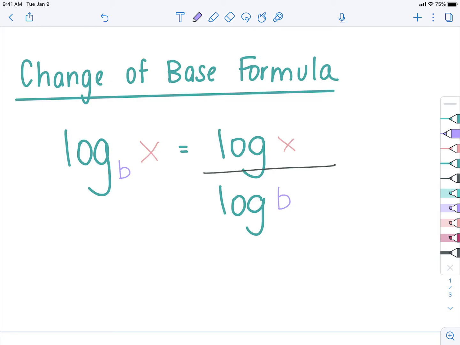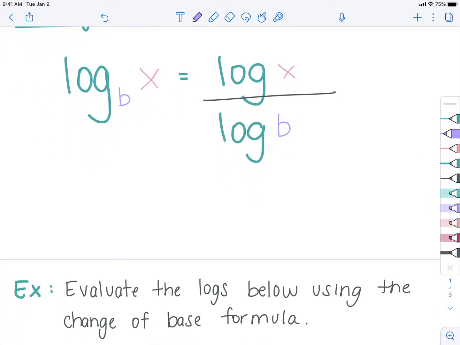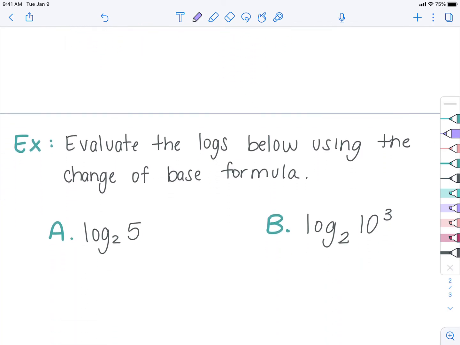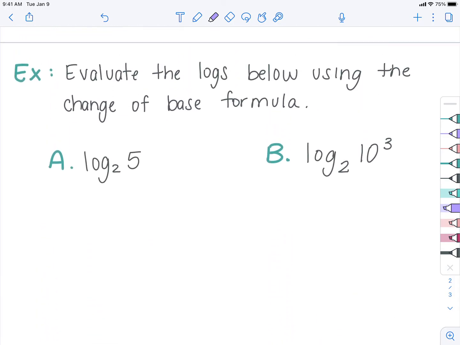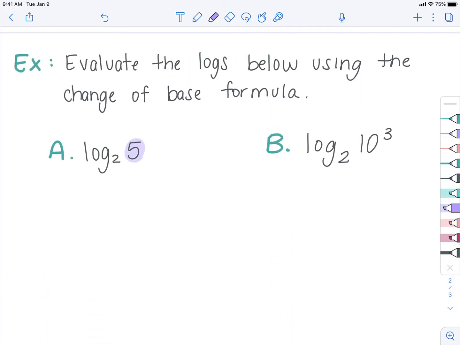So you're going to take the log of the big number that's inside the log, divided by the log of the base. So the base stays on the bottom. So if we were going to evaluate the logs below using the change of base formula, the 5 is going to stay on top, and the 2 is going to be the one on the bottom.